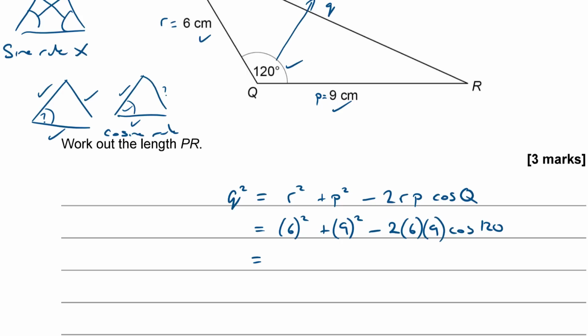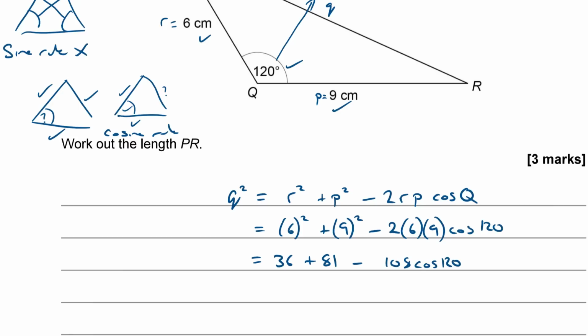I tend to try and do as much as I can before I pick the calculator up, because otherwise it's a long thing to type in. And if you're quite good at adding up, then you can do this a lot more accurately in your head than you can on the calculator, I think. So 36 is 6 squared, 9 squared is 81, 2 times 6 times 9, 6 9s are 54, times 2 is 108.